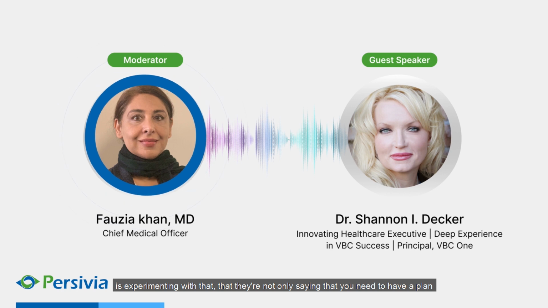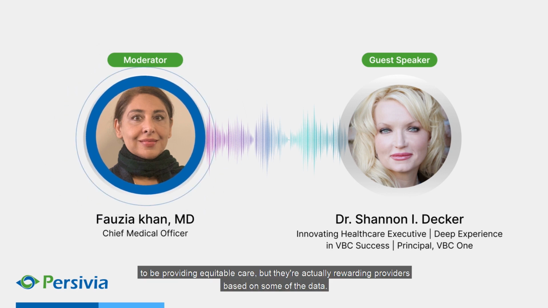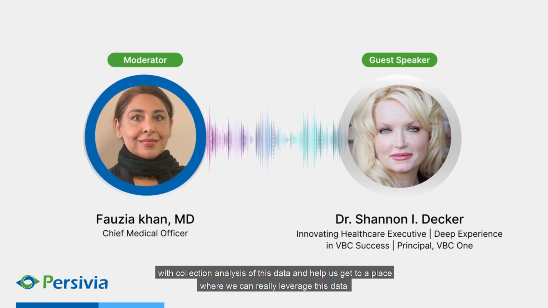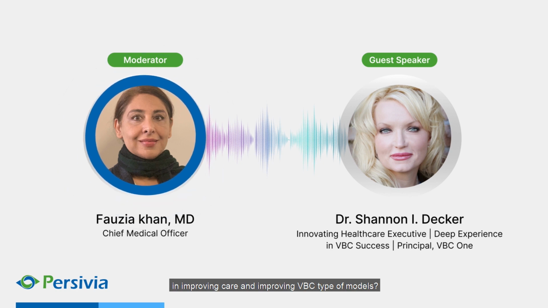They're not only saying that you need to have a plan to be providing equitable care, but they're actually rewarding providers based on some of the data. How do you think technology can help with collection and analysis of SDOH data and help us get to a place where we can really leverage this data in improving care and improving VBC type of models?